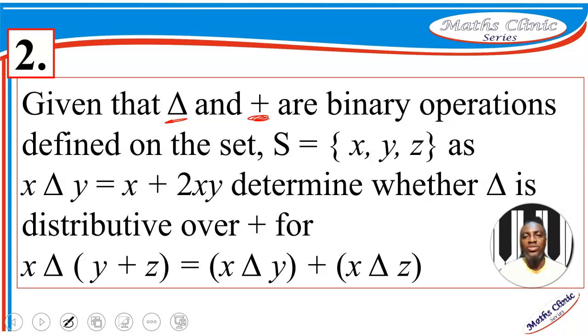S is x, y, z, that's the set involved. Determine whether or not star will be distributive over plus. I've given you the equation here. Take your time and do the left hand side and the right hand side and see if you are going to get the same answer. For the sake of this equation, the symbol represents plus, so I think it will go for that. Try your hand on this and let's see how it will go.